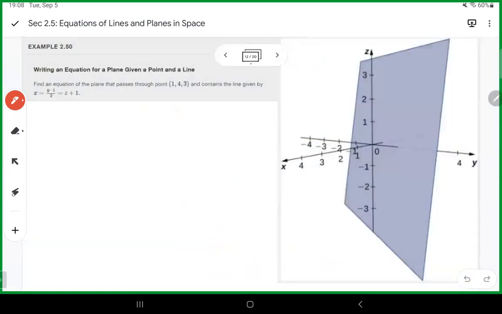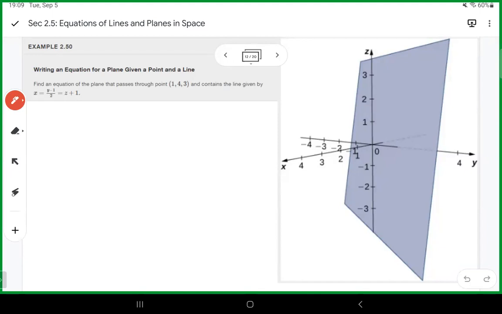All right. So writing an equation for a plane given a point and a line. Okay, they have their little drawing, which you guys should definitely get in the habit of drawing. All right, so here's our solution.